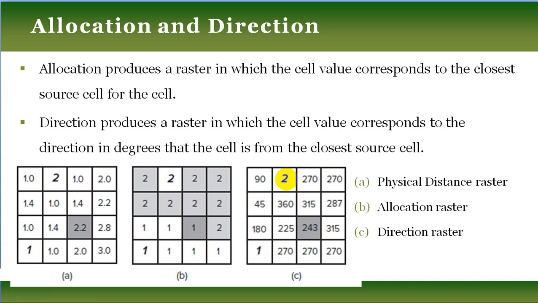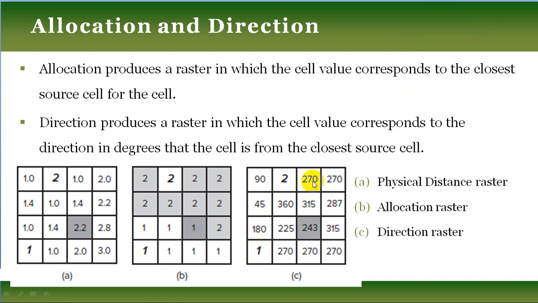That means in compass direction, 90 degrees means east, 180 degrees south, 270 degrees west, and 360 degrees north. Here 0 is reserved for the source cell. So those two source cells, their value is reserved as 0.